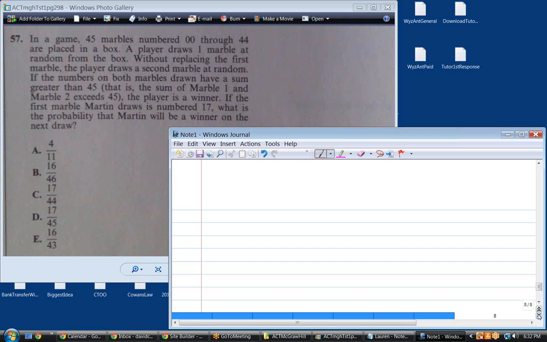Easy problem, actually. We need the sum of the two marbles to exceed 45. So if the first marble had a 17, what does the second marble need to have on it?